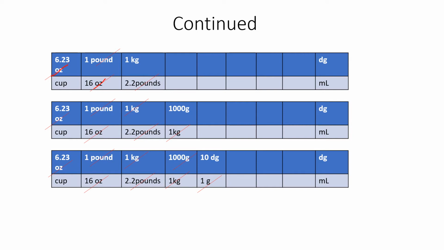I want the pounds to cancel, so I'm going to place the pounds in the denominator and put the kilograms, because I want to go to metric, in the numerator. That sets us up to have our pounds cancel off again for us.